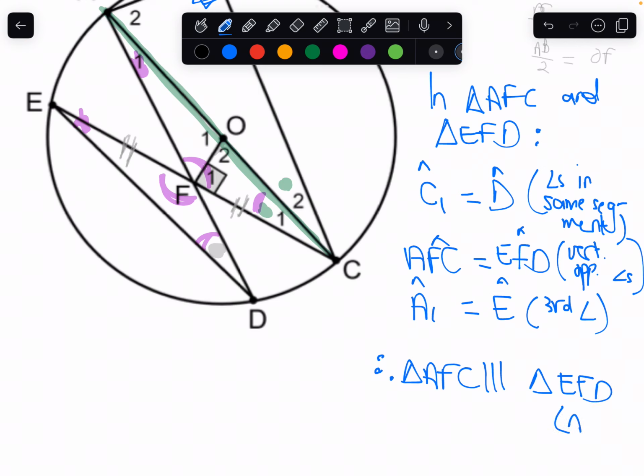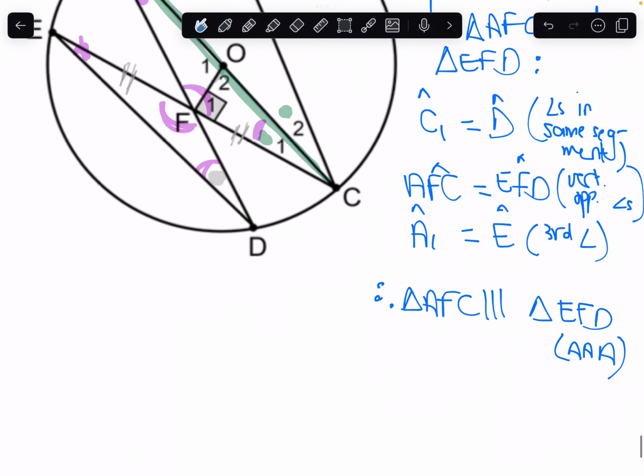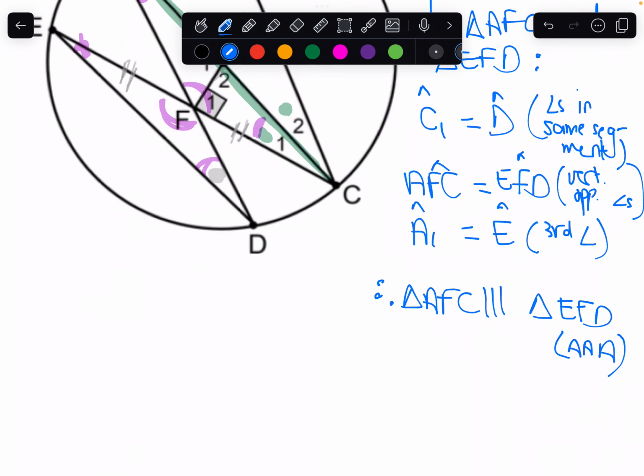The reason for that is angle, angle, angle. And now we can say, therefore, AF over EF is equal to FC over FD is equal to AC over ED.